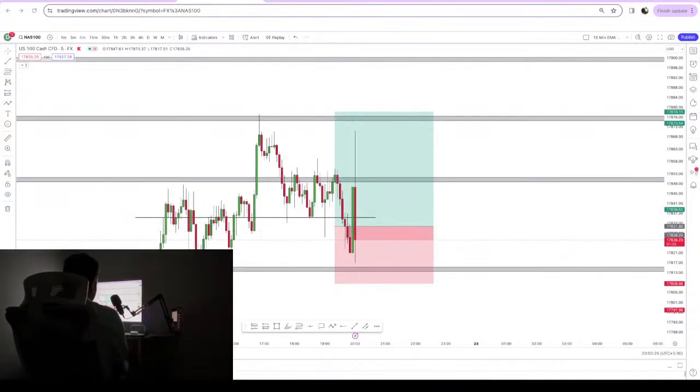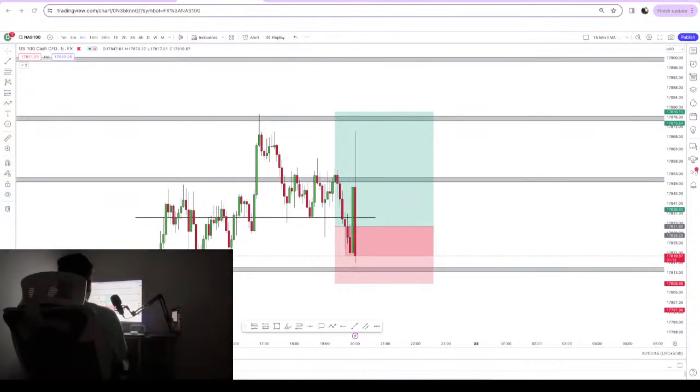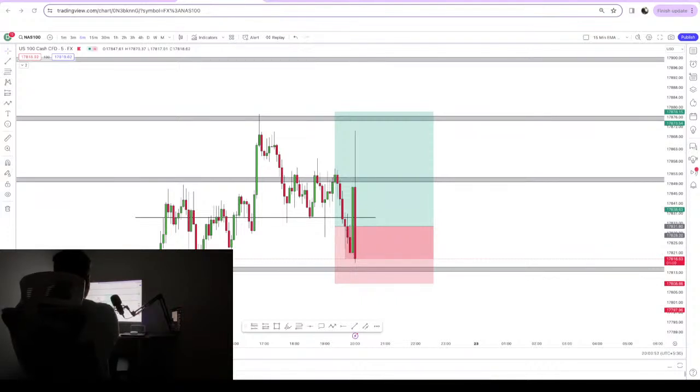Oh, very high volatility. So today is some high impact news day as well, and it was an 8 p.m. candle as well. So it's our clear rule.